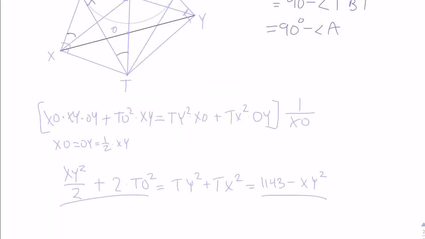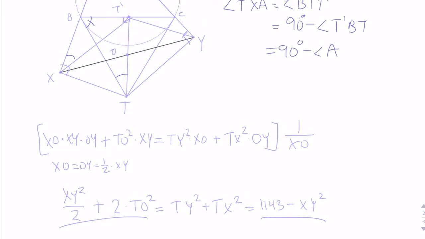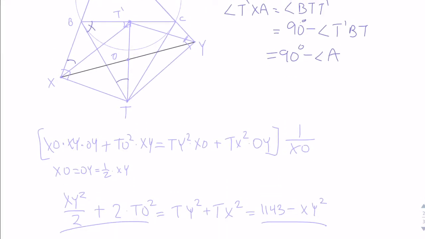And so this completes our proof that the reflection of T over the midpoint of XY is in fact the midpoint of BC.